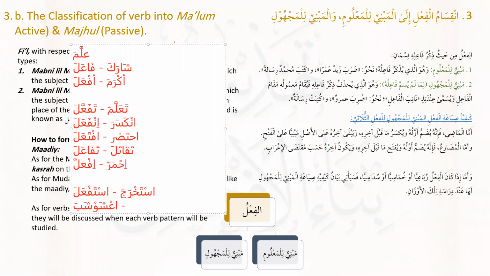Ain, Shin and Ba. أحسنتم. طيب. Now, how many letters does it have in its madi state? Six letters. And why is Ain Shin Ba the root letters?